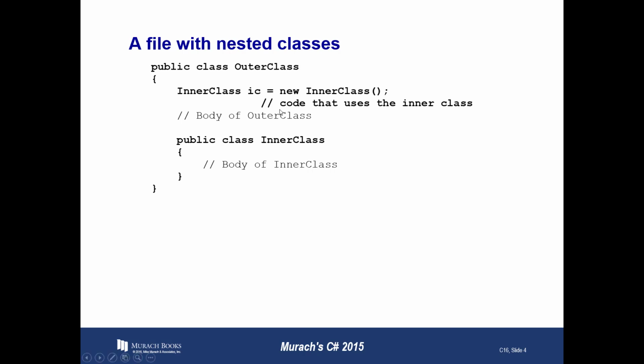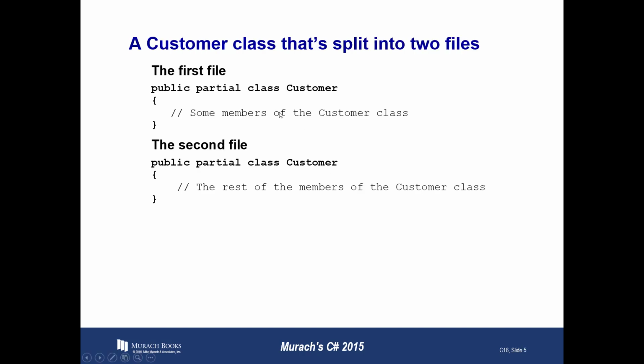All right, you can also split a class across multiple files. And to do this, you use what are called partial classes. Notice they both say public partial class Customer. So partial classes can be used to split the code for a class across several files. To do this, you enter the partial keyword before the class keyword.